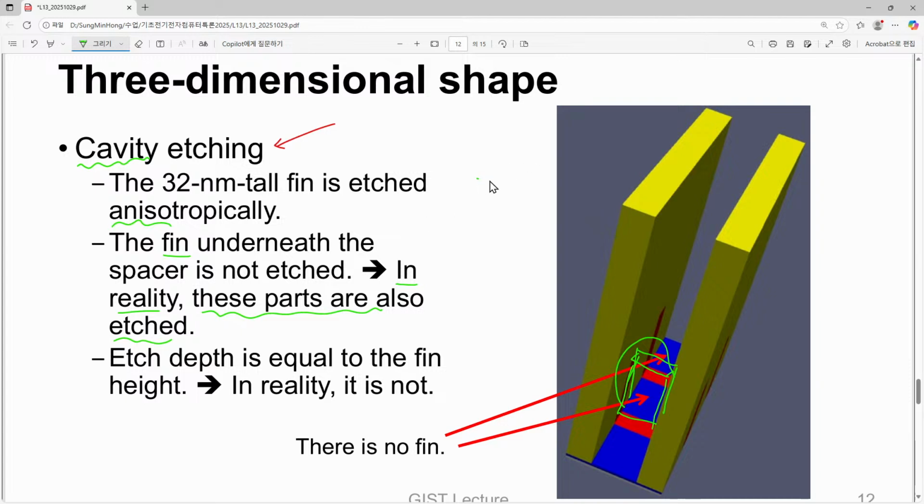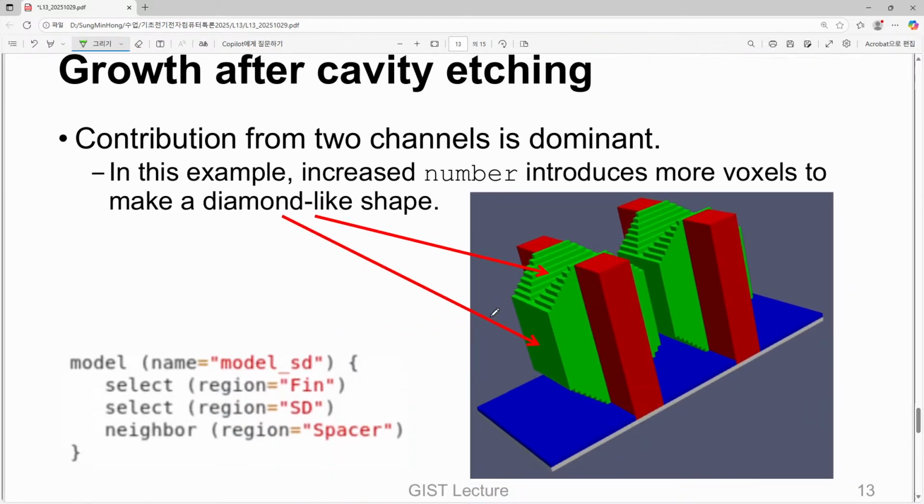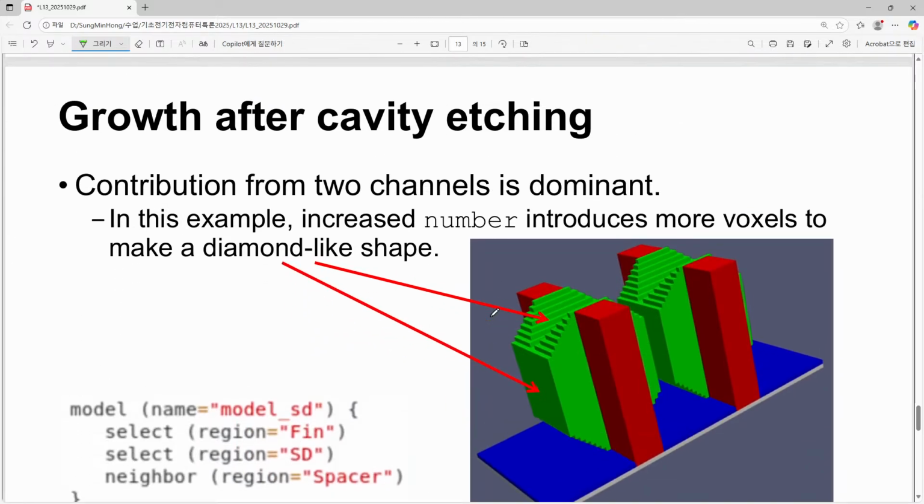So, well, now I understand. Cavity etching is really required, and when we start from this etched profile, things are a little bit different. Please have a look at this one: growth after cavity etching. Now the structure is no longer uniform along this channel direction.